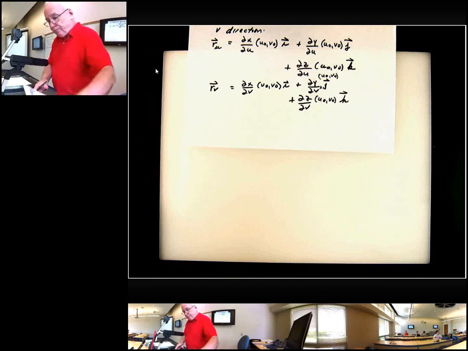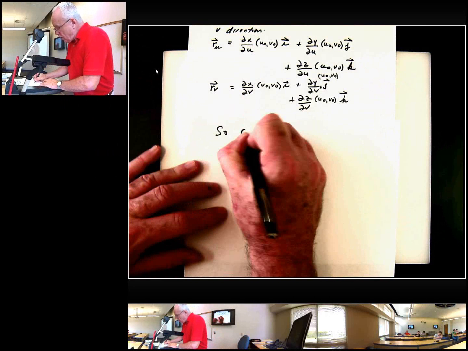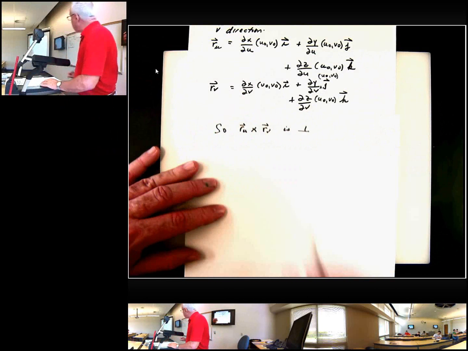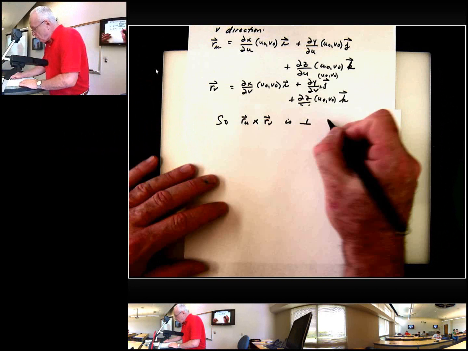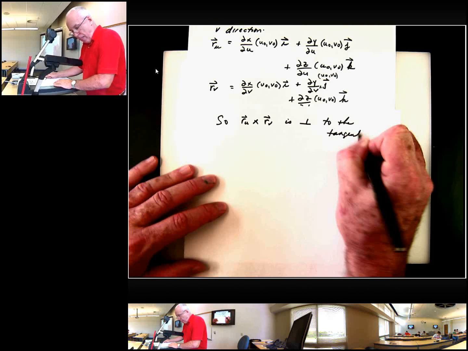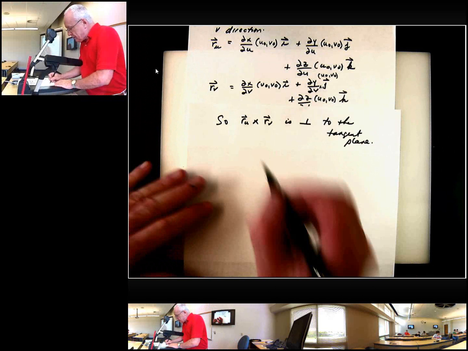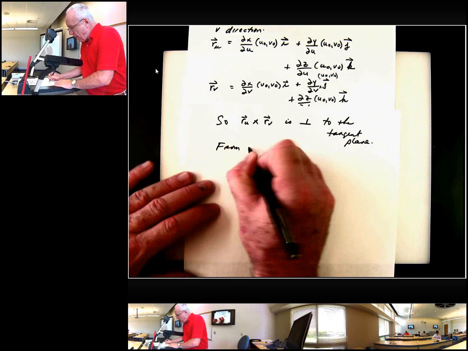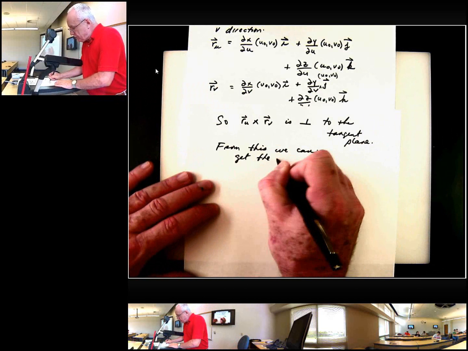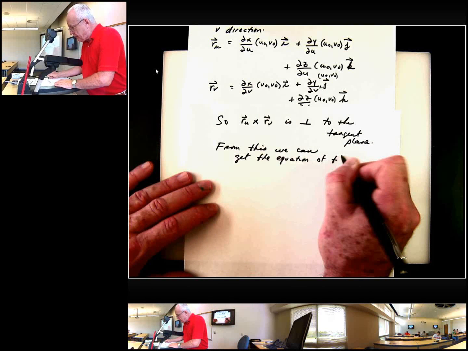So basically, the r_u vector cross the r_v vector is going to be perpendicular to the tangent plane. And then from this, we can get the equation of the tangent plane.